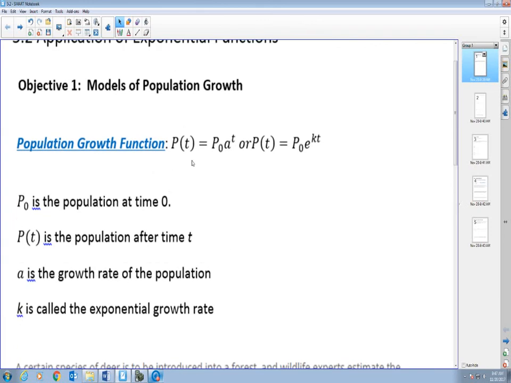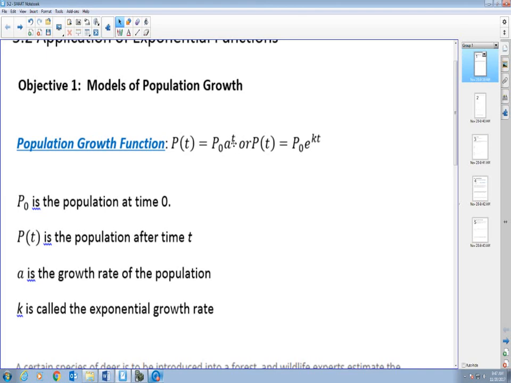So what do these notations represent? P naught is referring to the population at time 0, or the initial population. P of t is your population after some time t. The letter a is referring to your growth rate of the population.